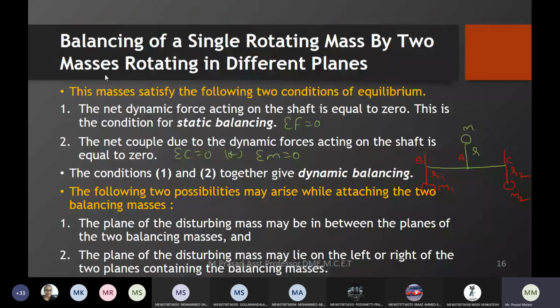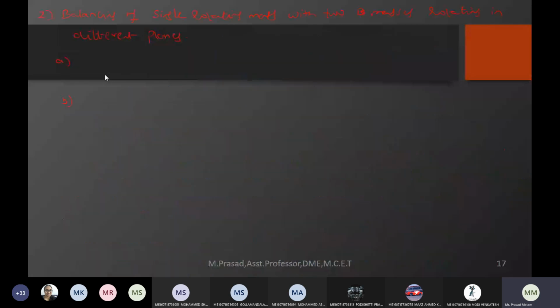The plane of disturbing mass may lie between the plane of two balancing masses. The first condition is the plane of disturbing mass lies in between two balancing masses.